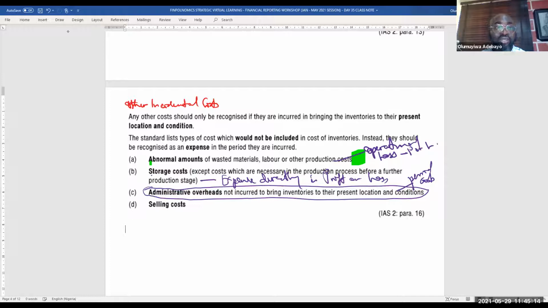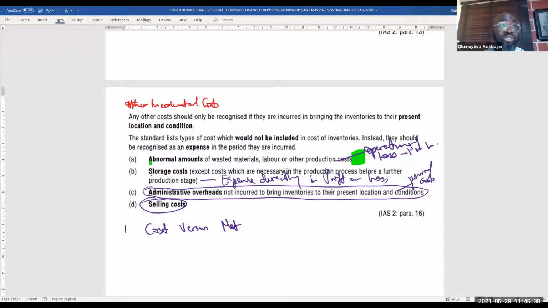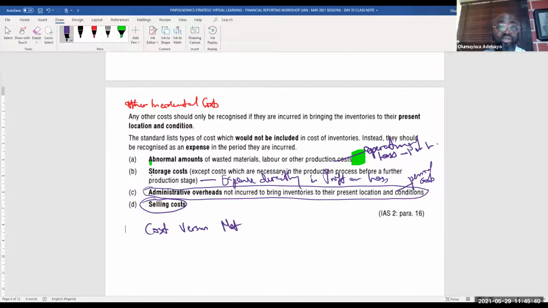And selling cost is not considered. Where it is considered is at the point of measurement, where we are comparing costs with net realizable value, because net realizable value is considered as the fair value of the inventory less cost to sell or cost of disposal.